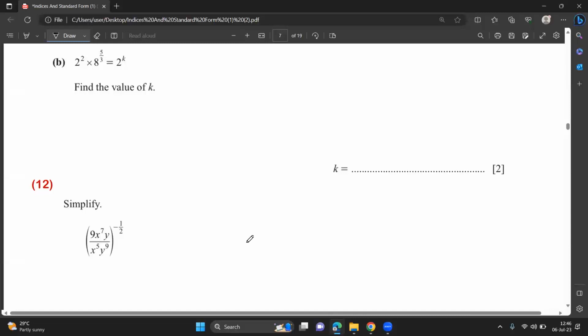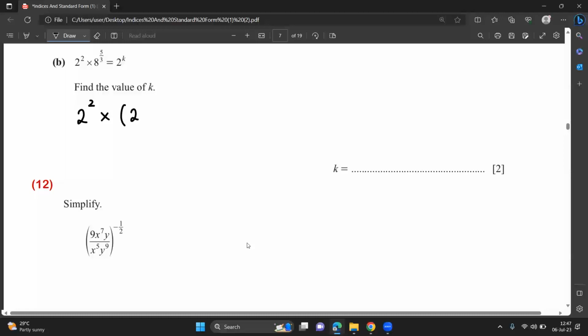Okay. What do I do? What should we do first? Make the bases the same. Good. So should I change the 2? No. But then what should I change? I have to change 8 to a base of 2. 2 squared multiplied by 2 to the power what gives you 8? 3.